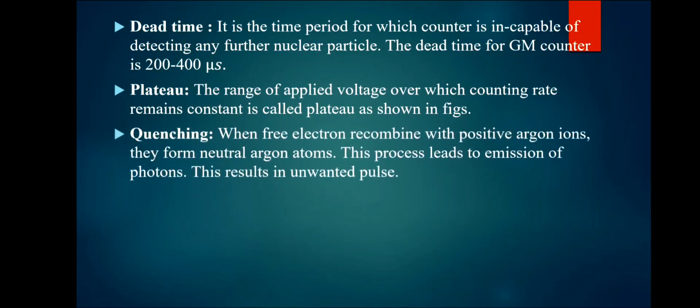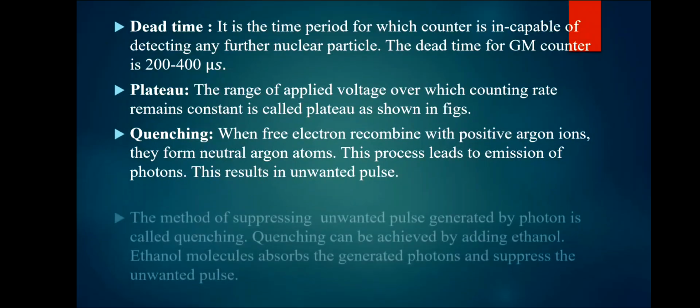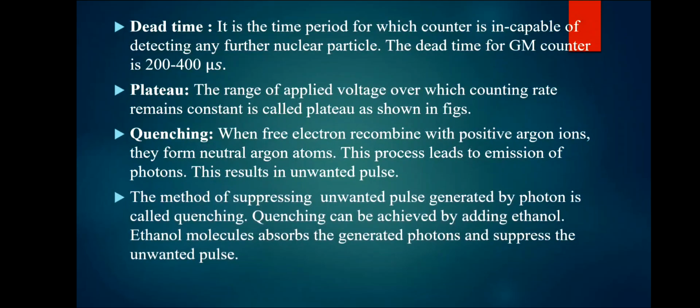The next important term is quenching. When a free electron recombines with a positive argon ion, it forms a neutral argon atom. This process leads to the emission of a photon, which also results in an unwanted pulse. The method for suppressing the unwanted pulse generated by the photon is called quenching.